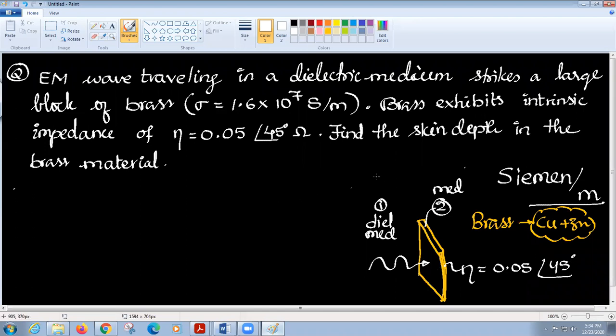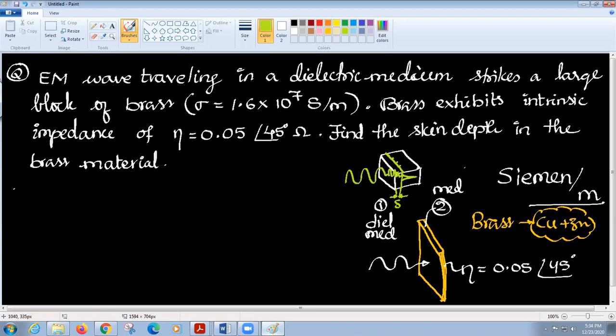Skin depth means, for example, you know that this is a conductor wall. If the wave is going all the way like this, within some thickness, something like this, this is your skin depth delta. Beyond this, the wave suffers almost full attenuation; the wave just decays like this.